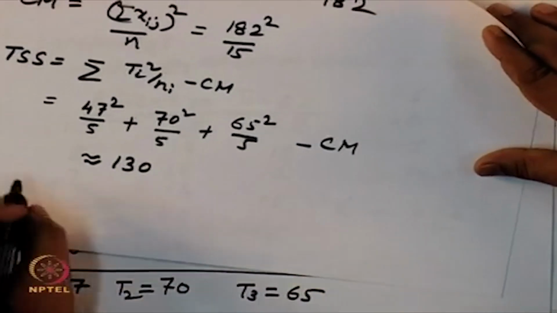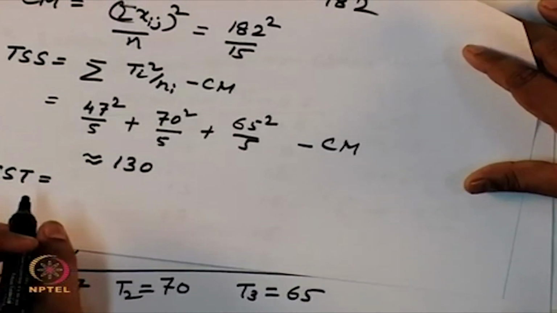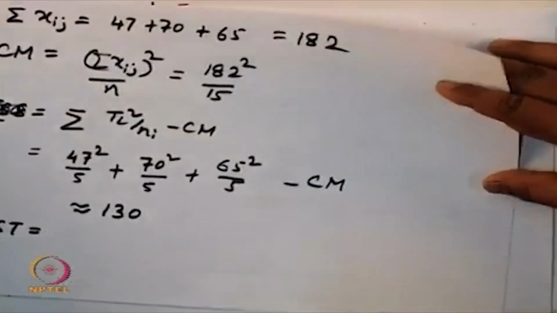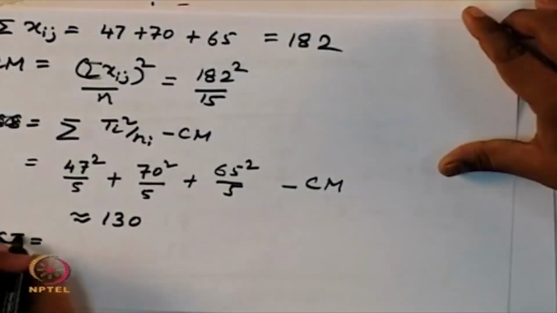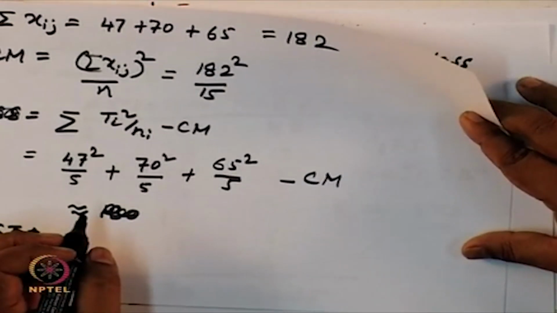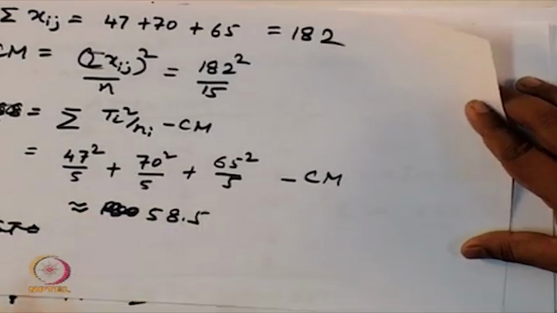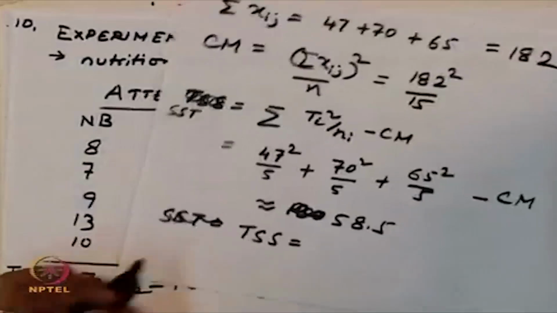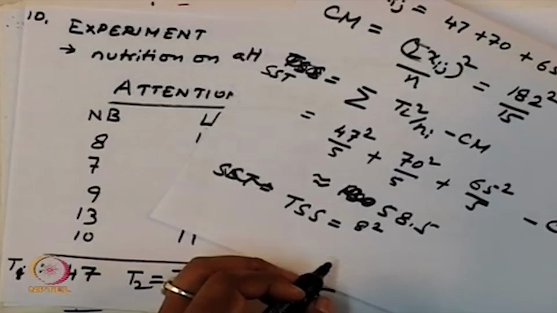SST is given by summation Ti square by Ni minus Cm, and this gives you a value of roughly 58.5. For TSS, you have to add up all the squares, in other words, summation Xij whole square.